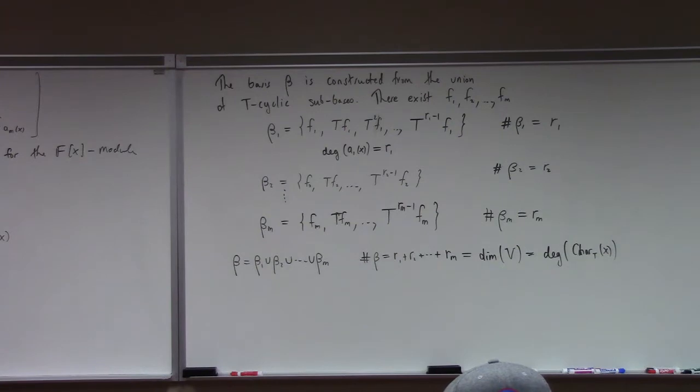Dummit and Foote actually explain explicitly how to calculate these f1 through fm. He puts them in a matrix he calls P prime, and he describes how to construct this matrix from a systematic algorithm based on calculating the Smith normal form for the given matrix. If you pick a basis, any basis, it gives you the original matrix for T being A. You look at xI minus A and find the Smith normal form of it.